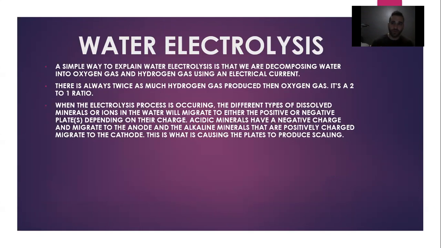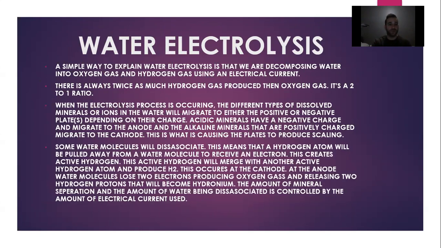So the water is alkaline because of that increase in hydroxide, but also because we're concentrating a lot of those already present alkaline minerals from our water and eliminating a lot of the acid ones. Okay, some water molecules will disassociate.